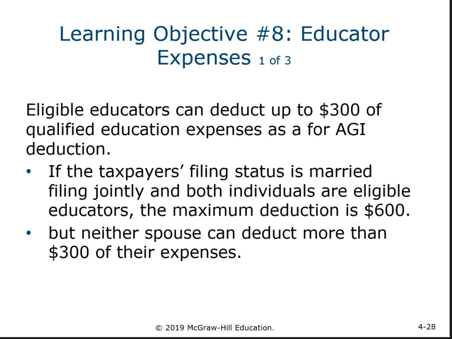You can deduct up to $300 of qualified education expenses for AGI only if you're an eligible educator. If you're filing jointly, you can do $600 because you've got two people, if they're both educators, but neither spouse can deduct more than $300 of their own. Okay, so they both have to spend the money and be able to prove that.